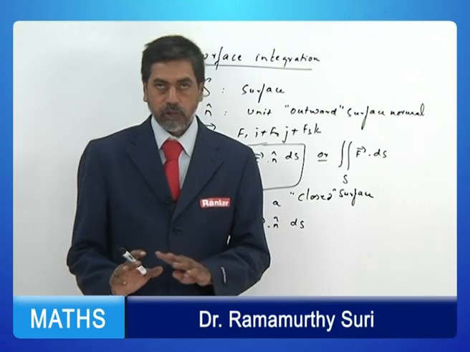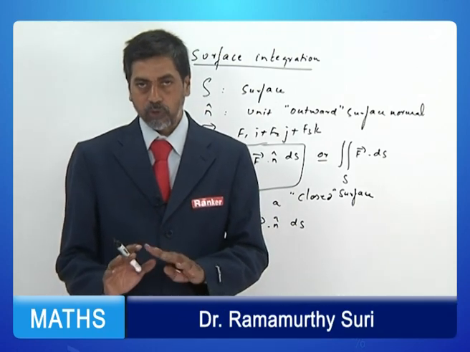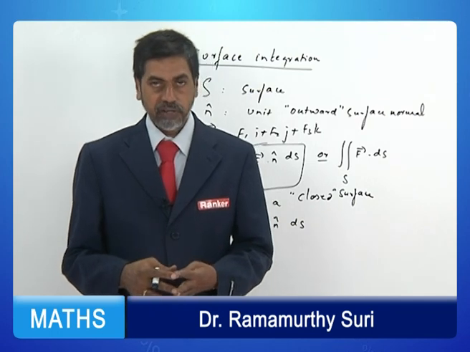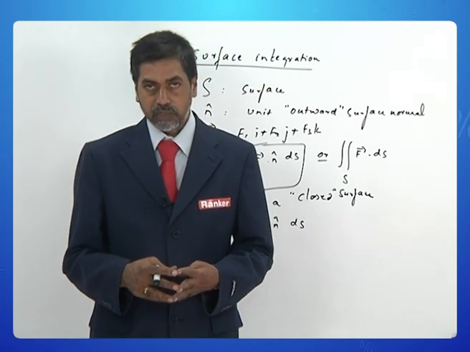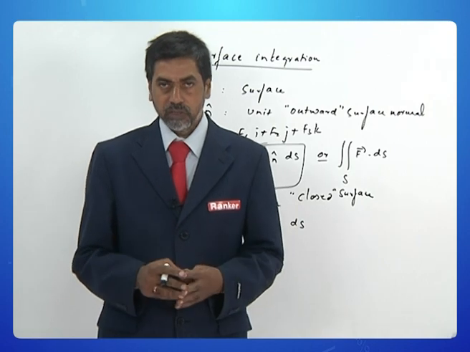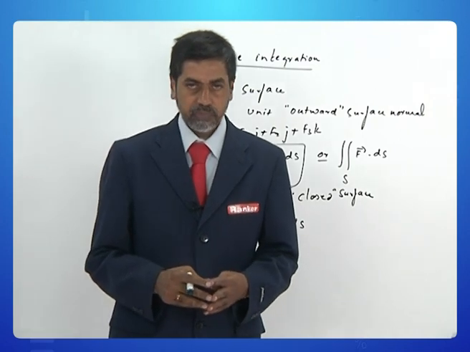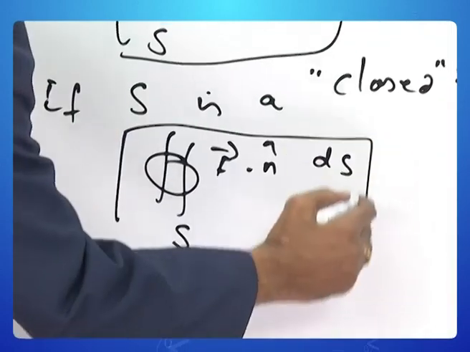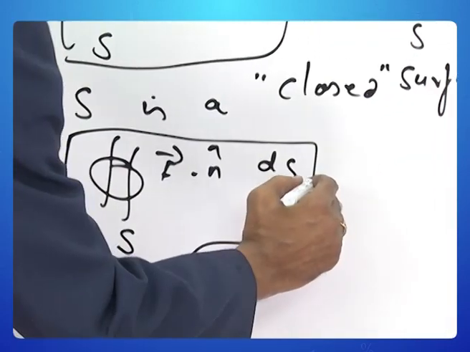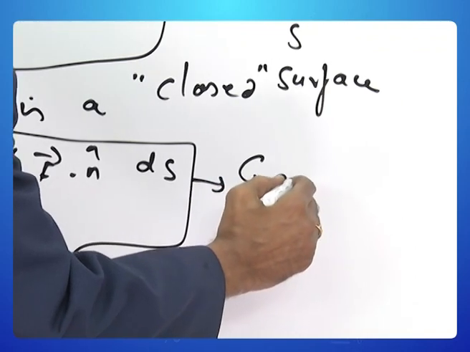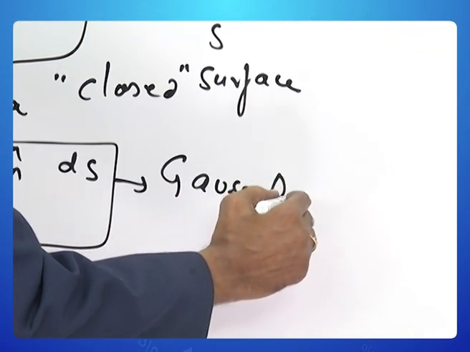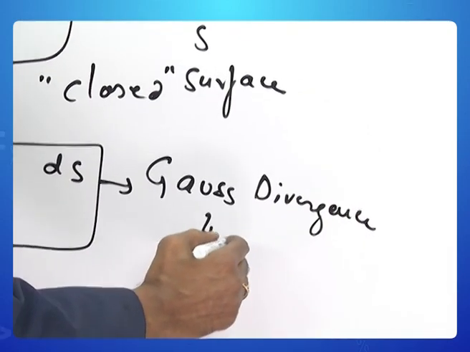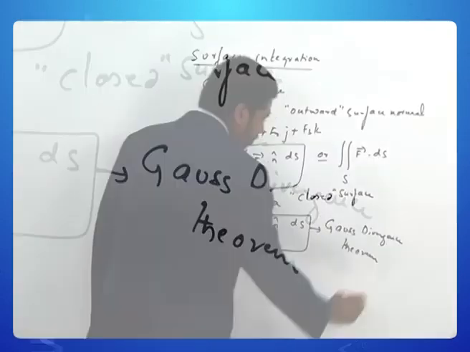So surface integral problems basically are of two types, the open type and the closed type. Whenever you are dealing with a closed type of integration, then we have the advantage of the Gauss divergence theorem. So when it comes to these types of situations, you may remember the Gauss divergence theorem, about which I will tell you very soon.